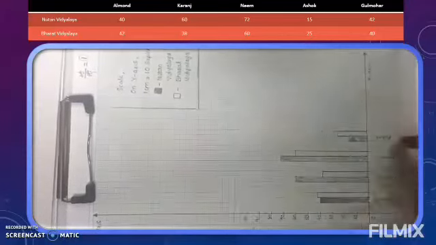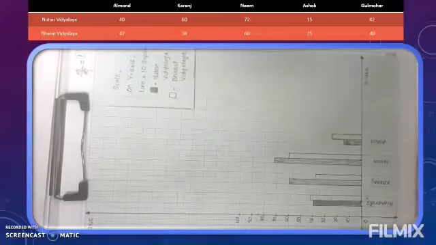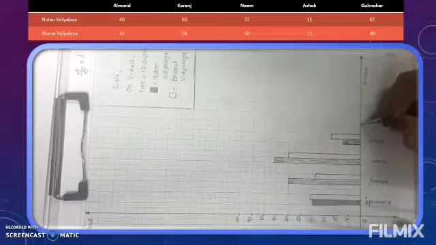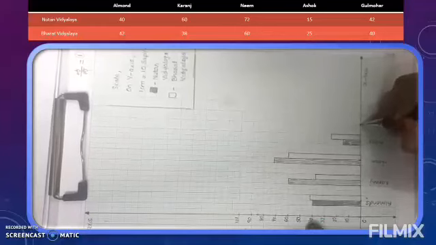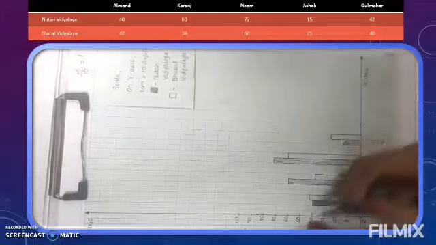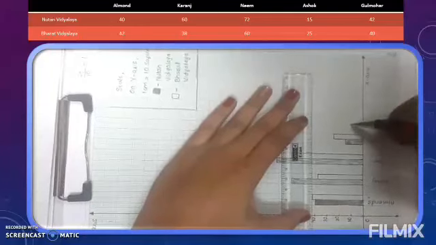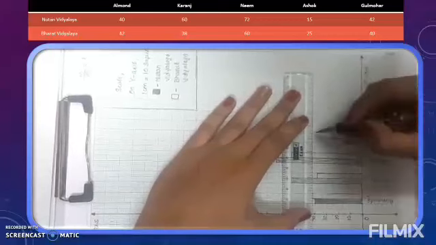Now one more bar is left, Gulmohar sapling. Now Ashok, Nutan Vidyalaya planted 42. So again we stopped here. We will start from the next darker green line. Now 42 means 40 and then the second thin line. So have a look, 40, and now see we have to concentrate on this darker green line, and 42 will come here.